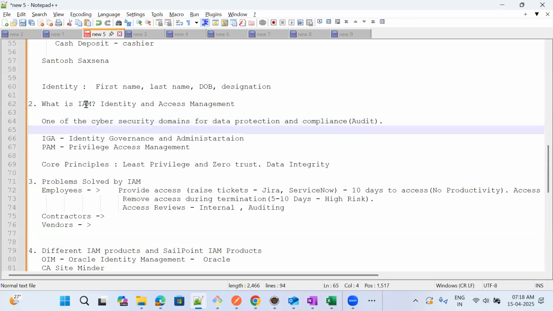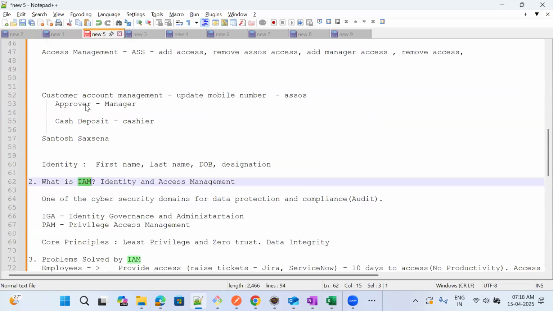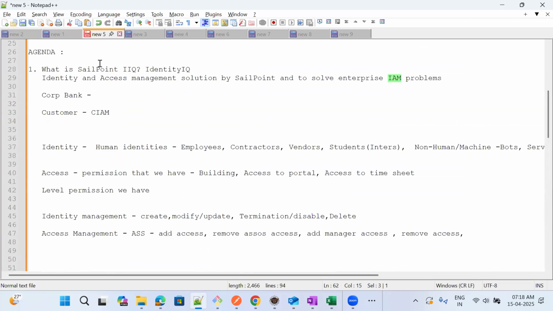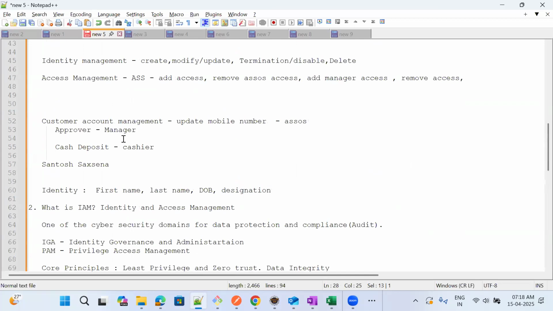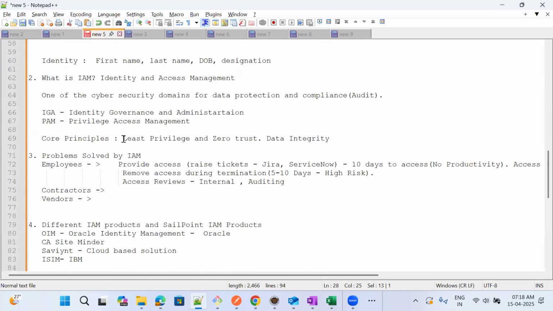This IAM domain basically works on some core principles. We follow these core principles while implementing our SailPoint IAQ tool. When we follow these core principles, it is one of the standards that is set to ensure better security and better governance.